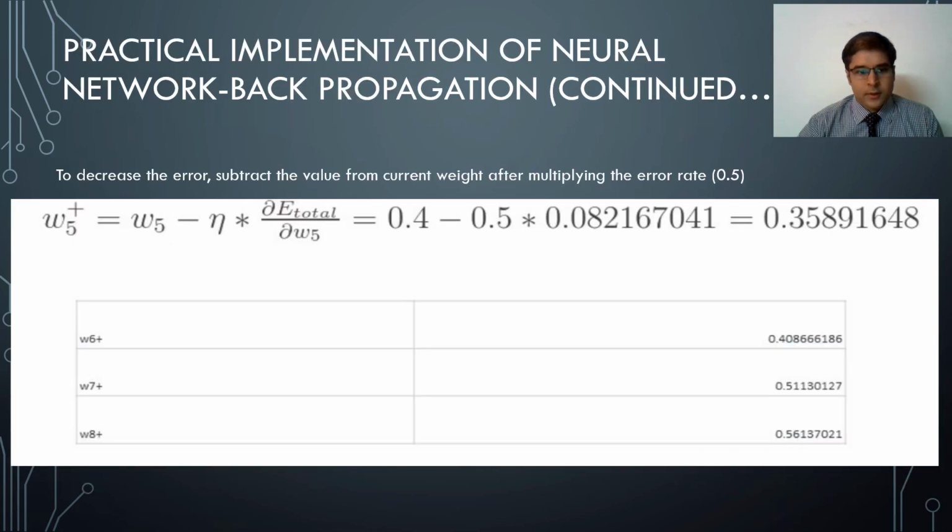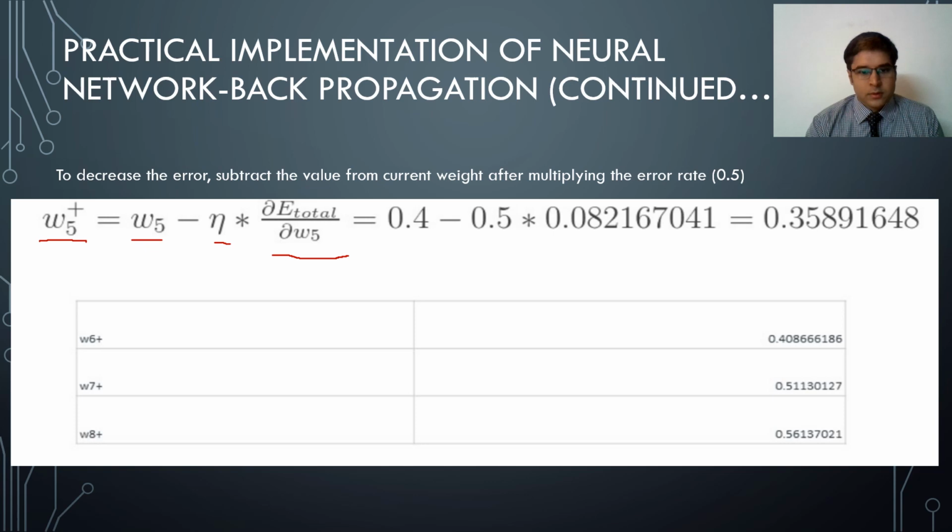To decrease the error, subtract this value from the current weight after multiplying it with the error rate, which is taken to be 0.5 in this case. So what is the error rate? It is the value that is multiplied by the total error gradient for a particular weight, and it is subtracted from the original weight to give a new weight value to that node.